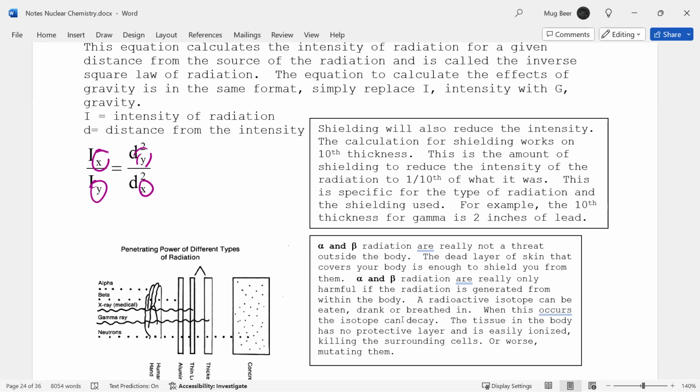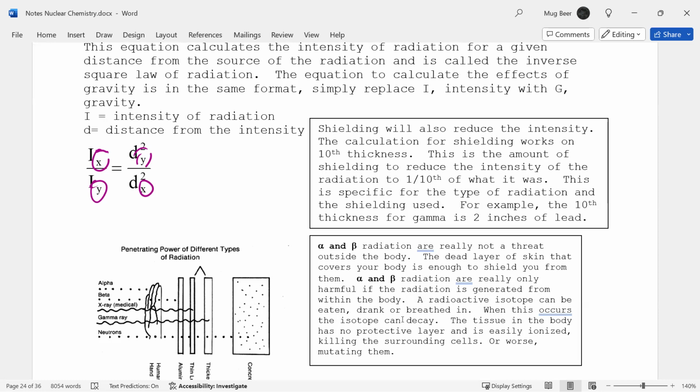Concrete also works. So if you're wanting to protect somebody against a neutron source, you would put like a 10-inch concrete wall or some kind of barrier that you'd fill up with 10 inches of water. That would be 1/10 thickness for the neutrons. Or you could fill it up with plastic, or fill the tank up with JP5 jet fuel, whatever you want.